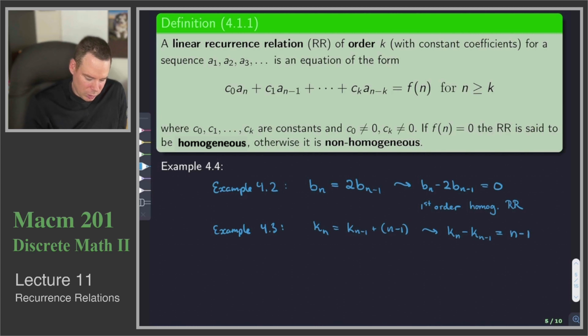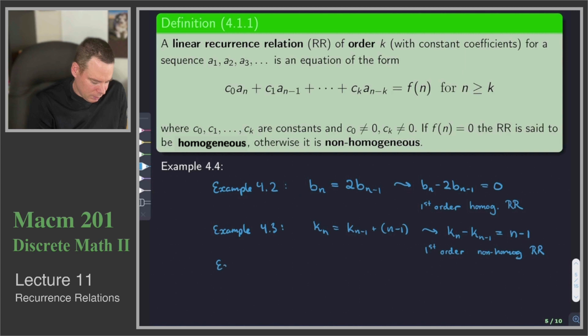Then we get this expression. Again, this is first order because it just uses the one prior term. So it's a first order and it's non-homogeneous. It's non-homogeneous because it doesn't have a 0 there. It's got a non-zero function of n.